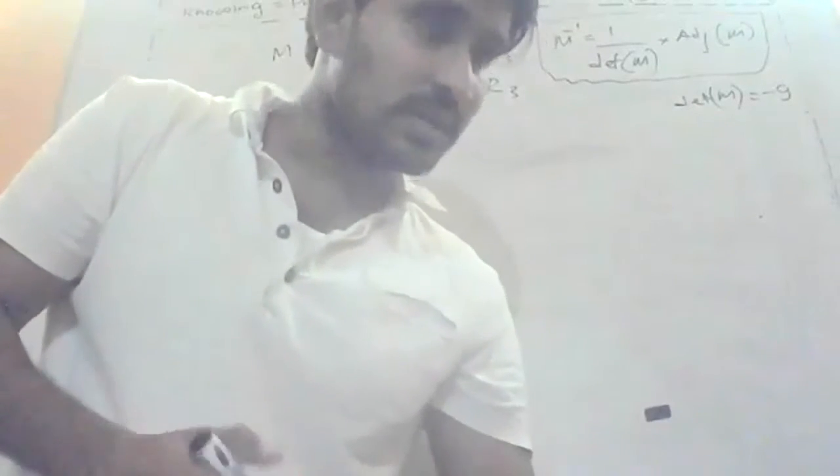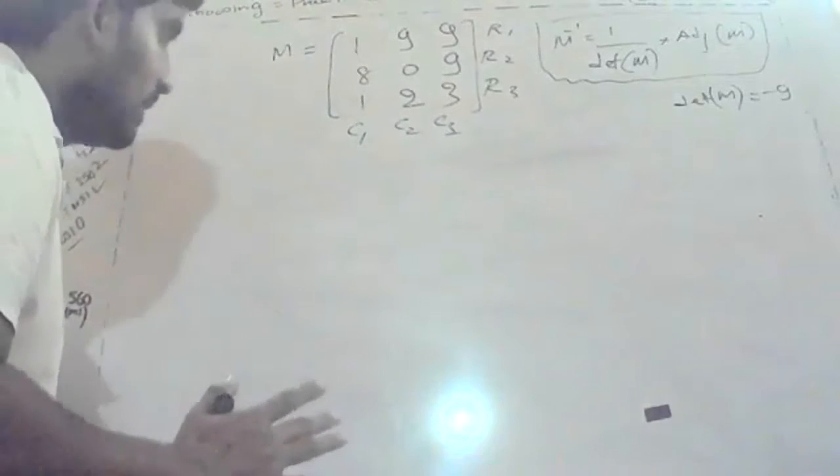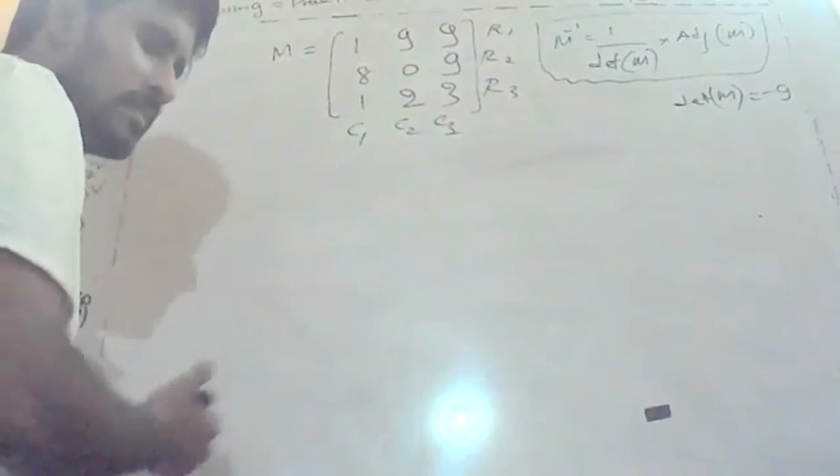You have to find the adjoint form of the matrix. So that means you have to do some transformations, some changes. So let's see what those changes are. The first change that you have to do, we'll do that in a conversion pattern.